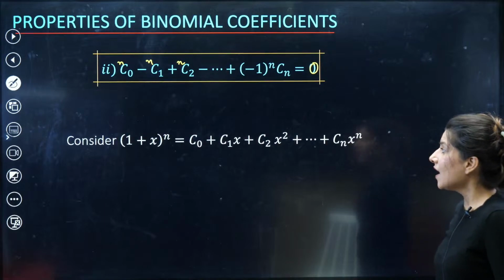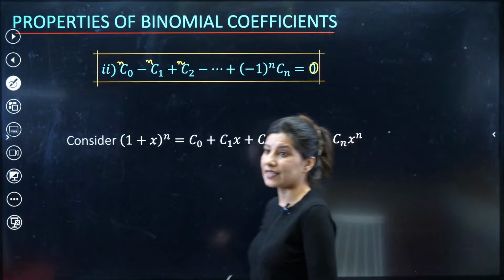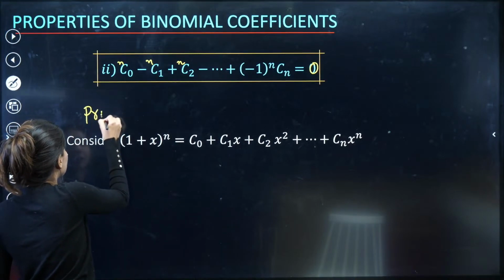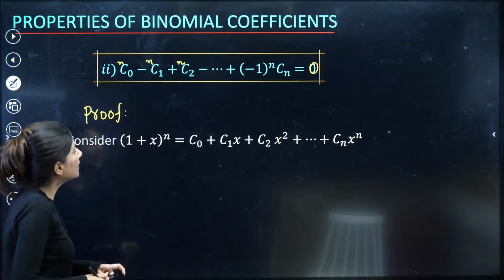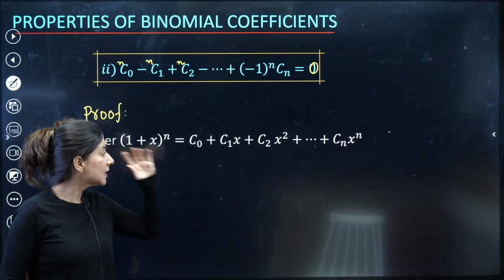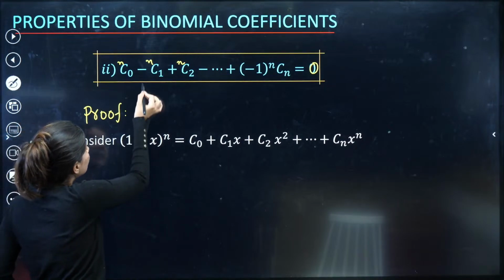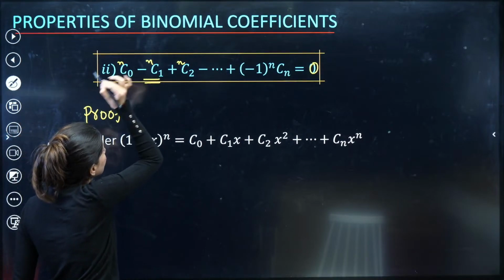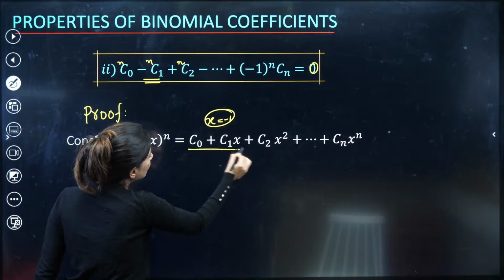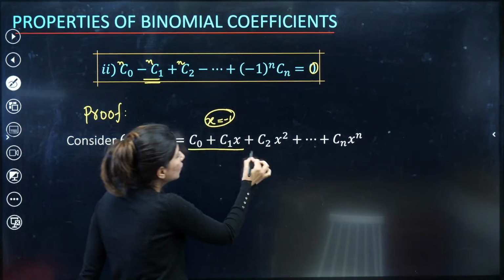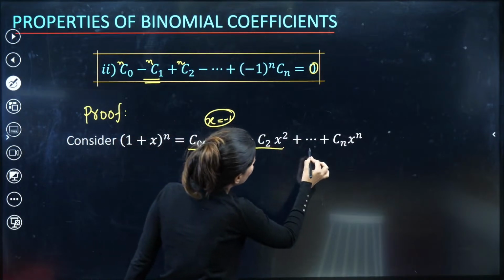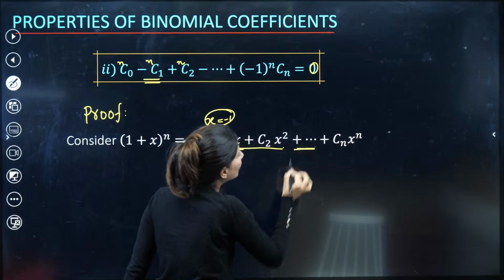How do we get this? Let us understand the proof of it. We know the expansion again, (1 plus x) raised to power n is this. Now can you see that I need minus in front of nC1. So putting x equals to minus 1 will give me these two quantities at least, and nC2 will be plus. And now minus nC3, so nC3 x cube will become negative.